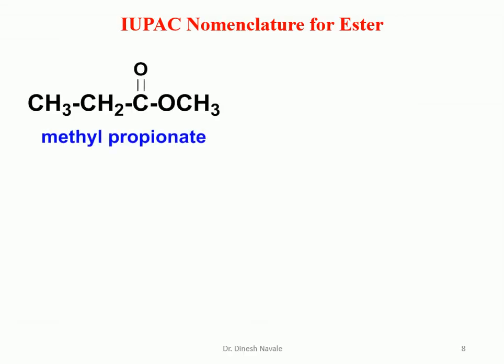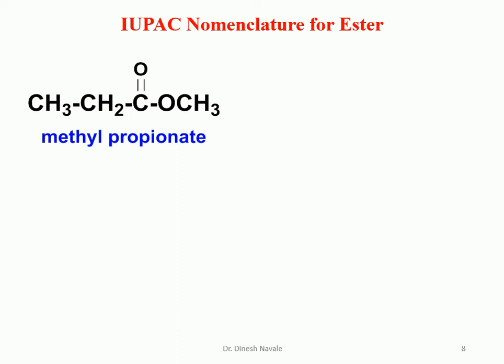So let's do the first nomenclature for the ester molecule. We have to see which carboxylic acid is present here. So alkyl alkanoate is the basic format that is going to be utilized. The alkyl group is a part of the alcohol. In this case, the methyl group, one carbon atom, is the alkyl group, and the carboxylic acid part is 1, 2, 3, 3 carbon atoms.